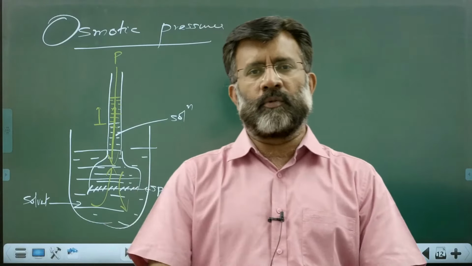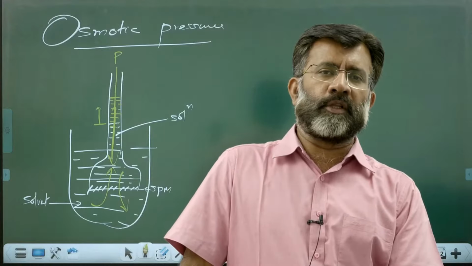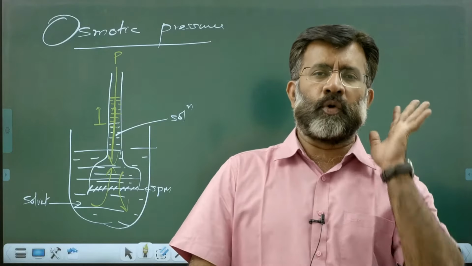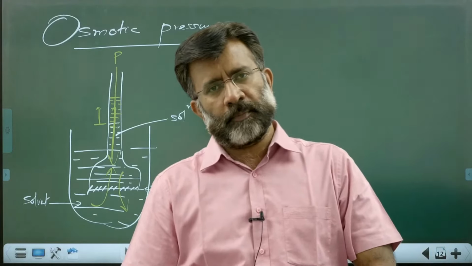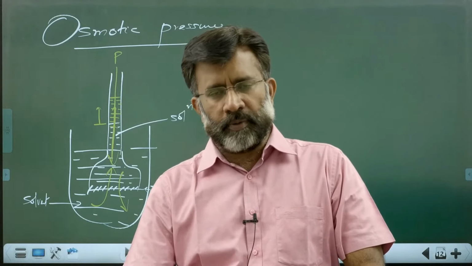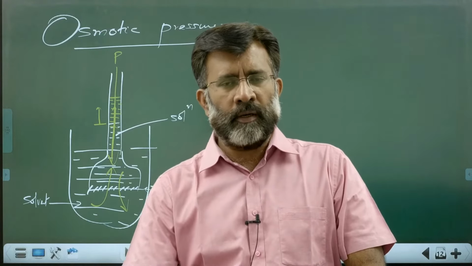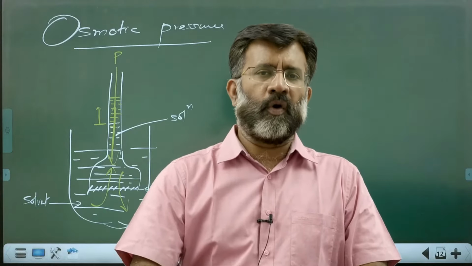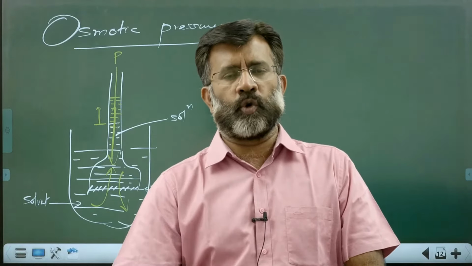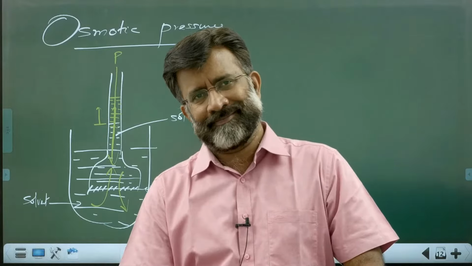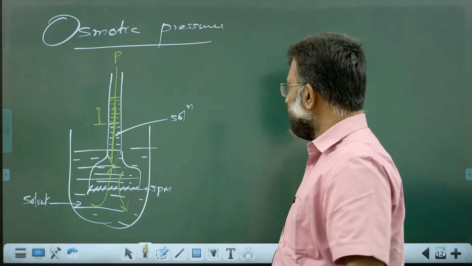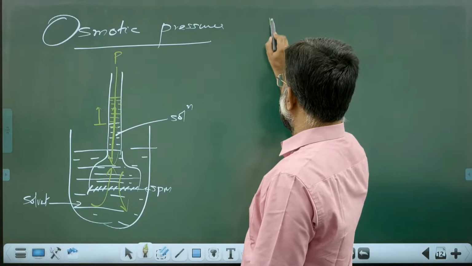At that equilibrium, the pressure offered by the solution is called osmotic pressure. So osmotic pressure is defined as the equilibrium pressure offered by the solution which prevents the net flow of solvent molecules into the solution through osmosis. That is osmotic pressure.